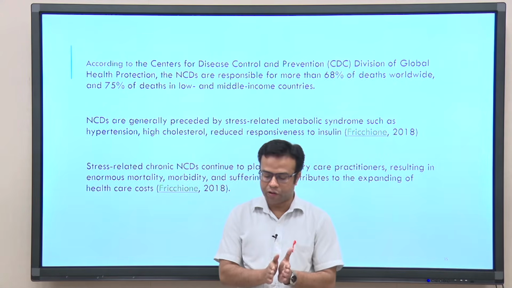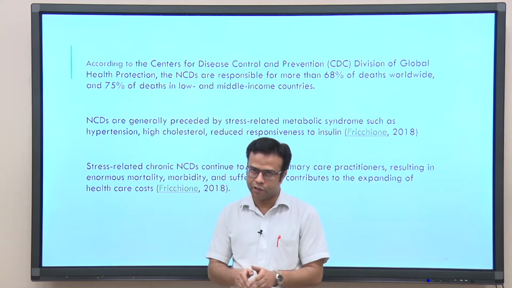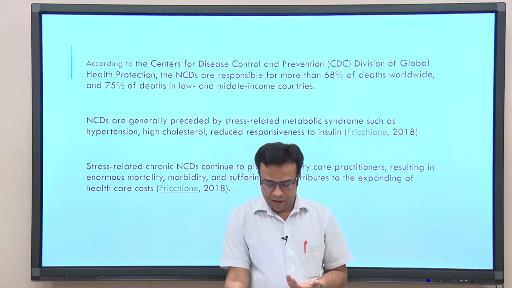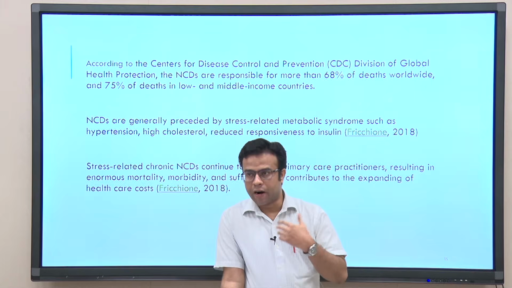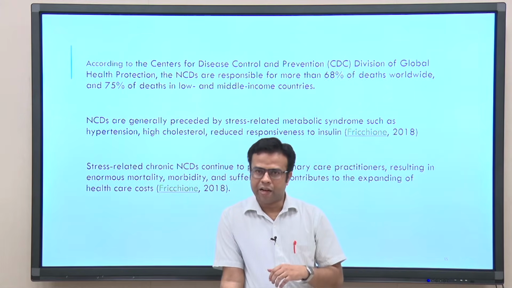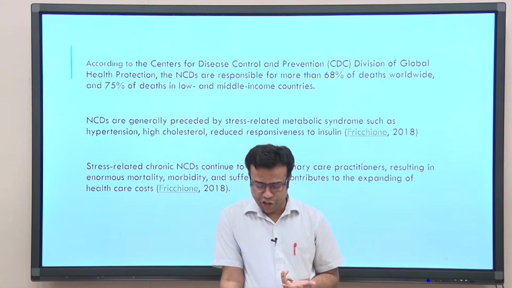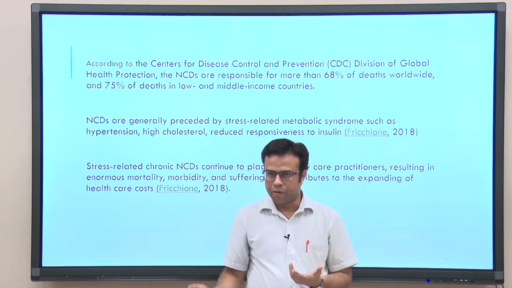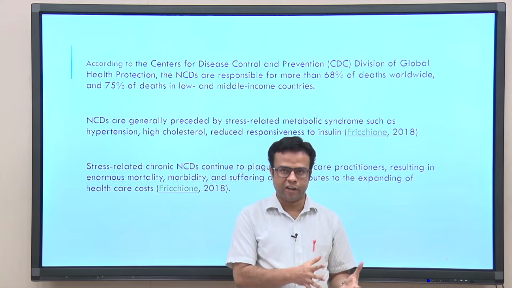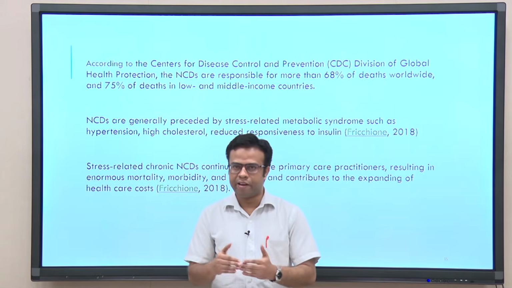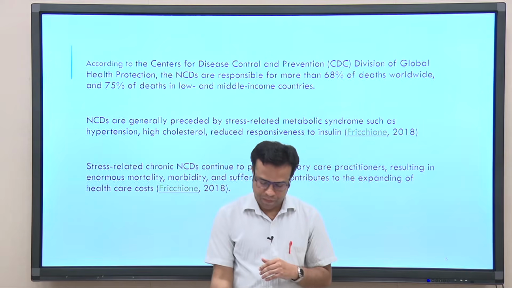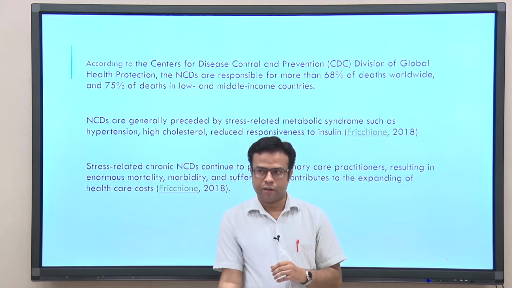Reduced responsiveness to insulin may lead to diabetes, high cholesterol may lead to heart diseases, and high blood pressure may lead to hypertension. All these metabolic changes are caused by stress related factors, and they may further lead to various non-communicable diseases.